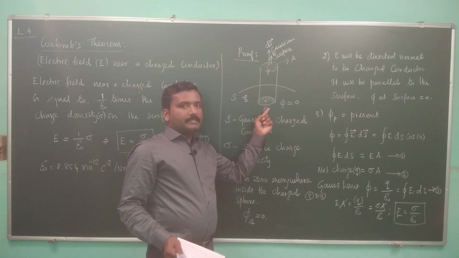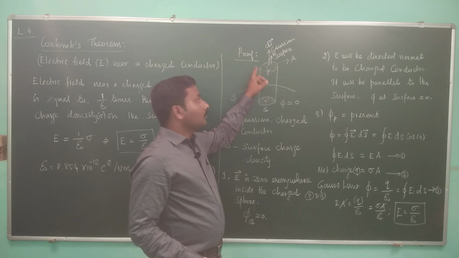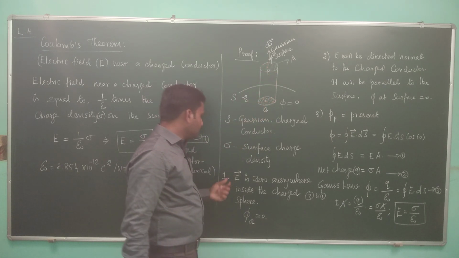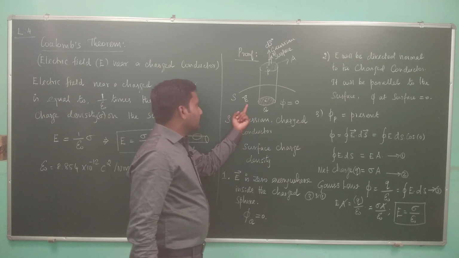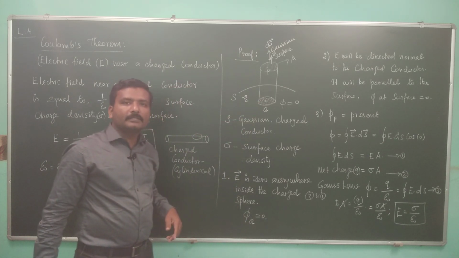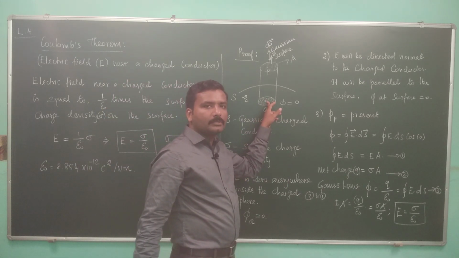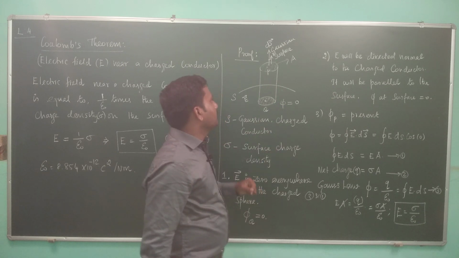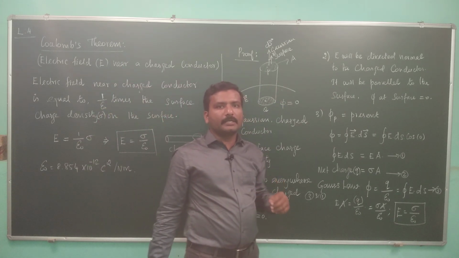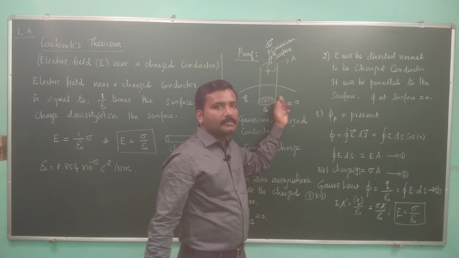And we have considered a cross-sectional area A around the point P and the point Q. Now the electric field is zero everywhere within the charged conductor, so the flux at the point Q is zero, and the electric field lines are always directed normal to the charged conductor, so there is no component for flux at the surface.